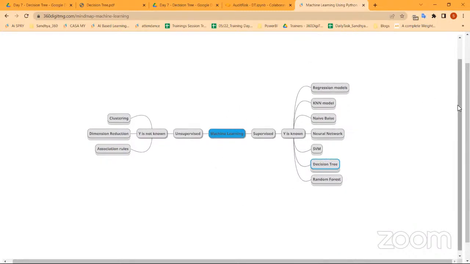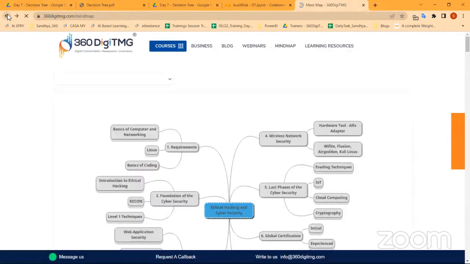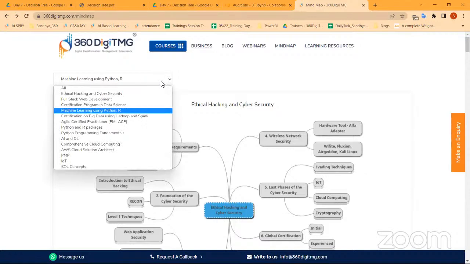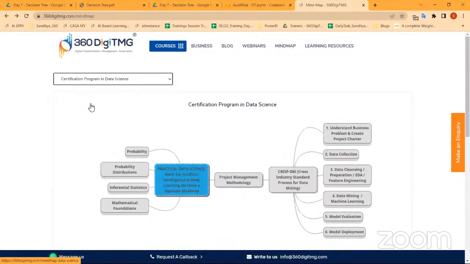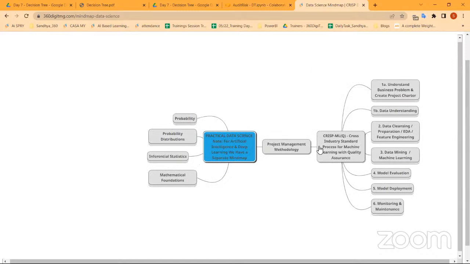But what about the data cleaning process? Just go back and select data science. So, the certificate program in data science. Click on that and you will be able to see the CRISP-ML(Q) process. In that we have various stages that we discussed on the first day or second day of our session.